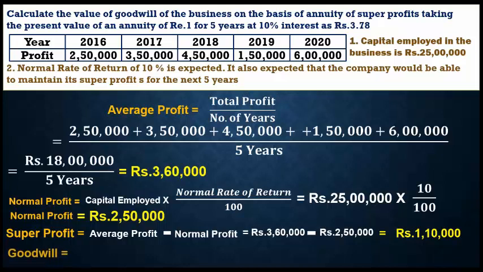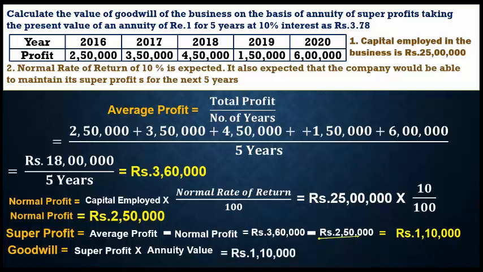Now goodwill is equal to super profit into annuity value. We have calculated the super profit, 1,10,000. What is the annuity value?